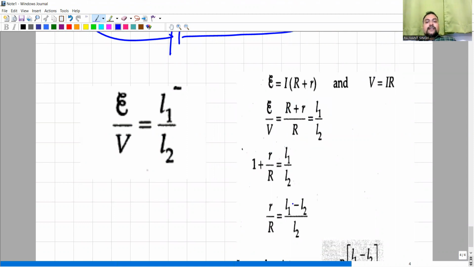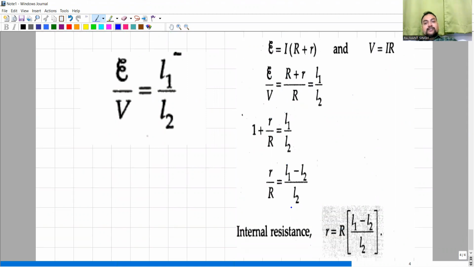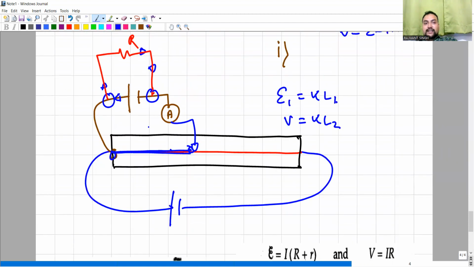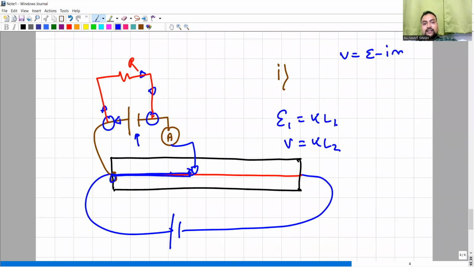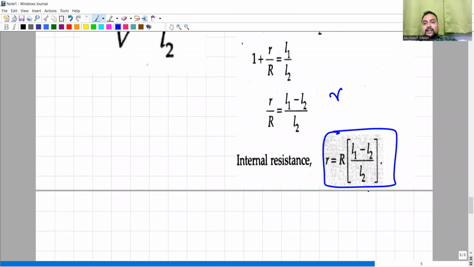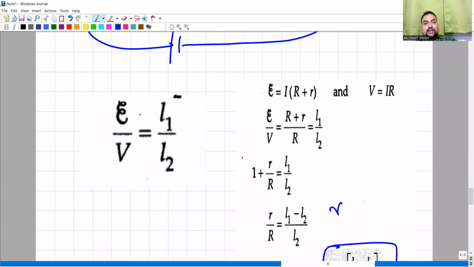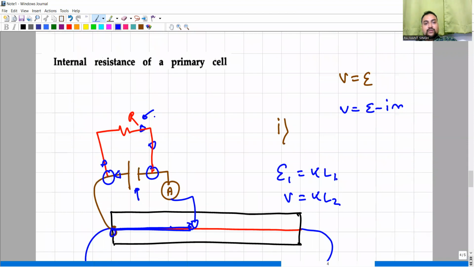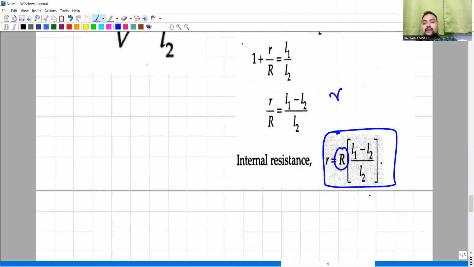Then you can rearrange the expression, and after rearranging, that final value will come to this small r, that is the internal resistance of this cell, which will be equal to the external resistance that you have installed here, R, into (L1 minus L2) by L2.